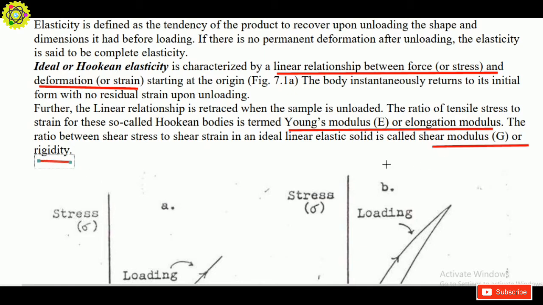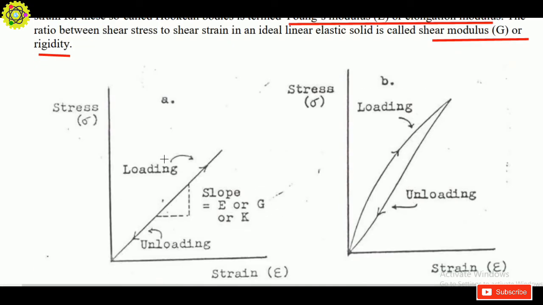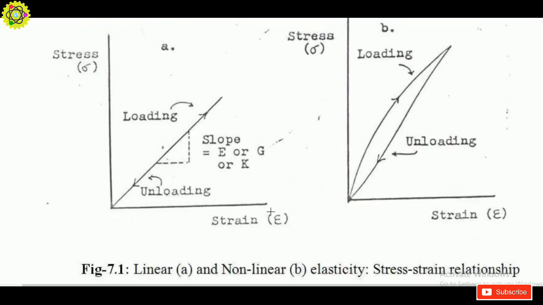Young's modulus is the ratio of the tensile stress to strain for these Hookean bodies, and the shear modulus or rigidity is the ratio between the shear stress and shear strain in an ideal linear elastic solid. Now friends, in the graph you can see this graph is for linear elasticity, and this one is for non-linear elasticity.